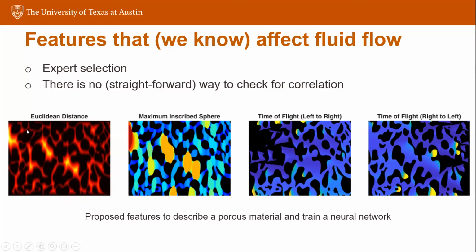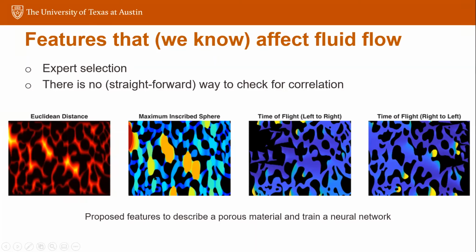So this gives us a compact representation of pore size distribution of some sort. Then we use the maximum inscribed spheres. So this algorithm tries to place the biggest sphere in a pore, and then it reduces the size of that sphere and tries to place it somewhere else until it fills completely our porous domain.